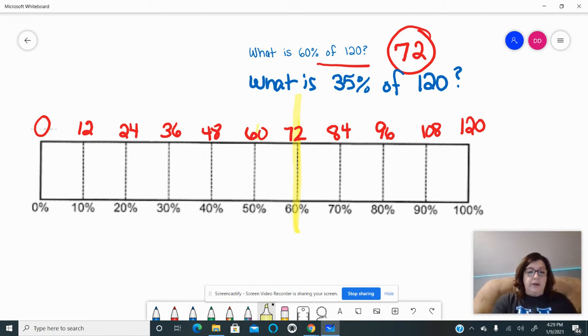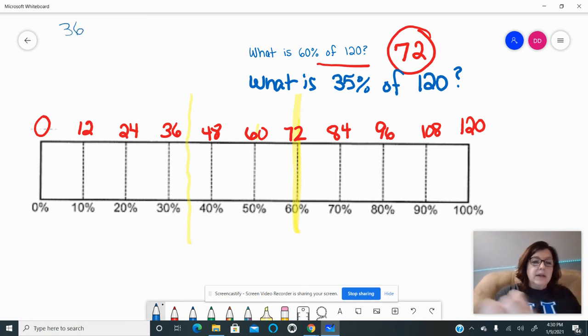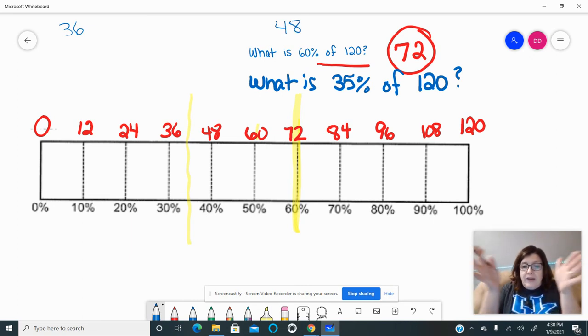So using my highlighter here, 35 goes right there, halfway between 30 and 40. Halfway between 36 and 48 is not quite as easy to think about. If you get stuck, what you might try to do is write 36 and 48 and just start making your way to the inside.